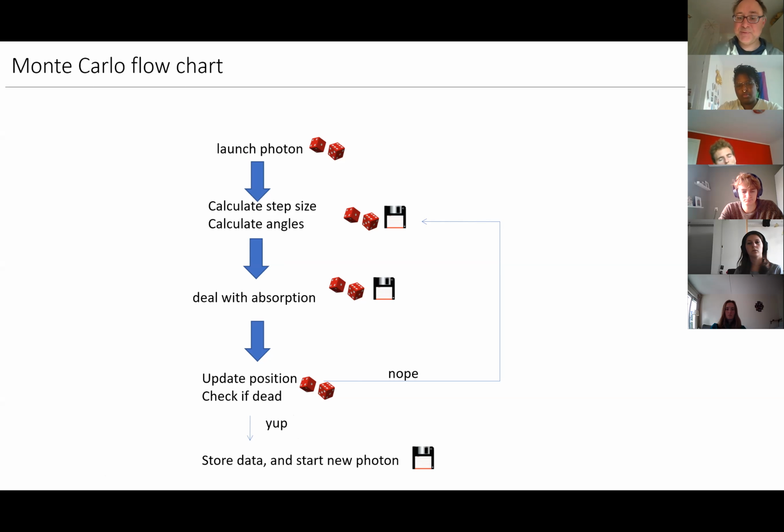For example, it escapes from the tissue again, and then you store its data, and just start a new one. And you do that until you have simulated, let's say, 1 million or 10 million photon trajectories, and in that case, you say, okay, now I think I have enough stability in the data to stop the simulation and look at the results.